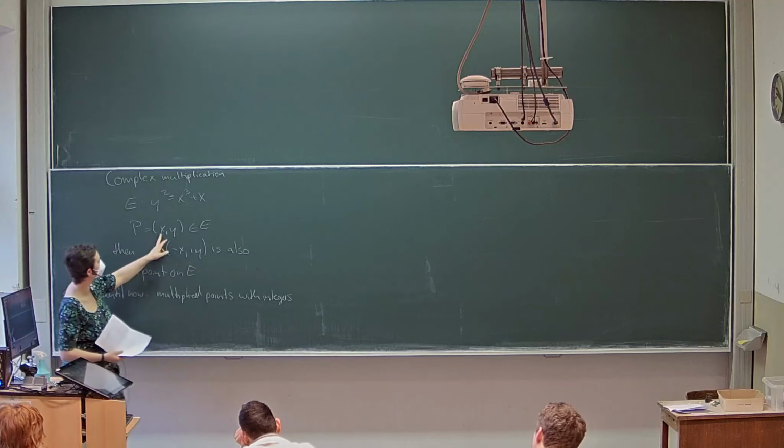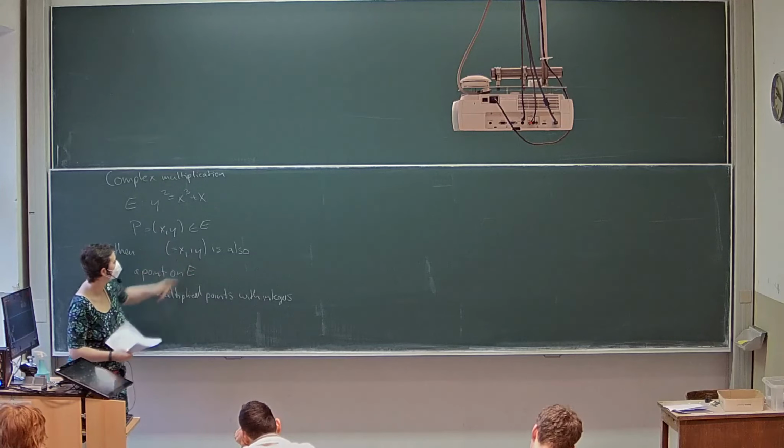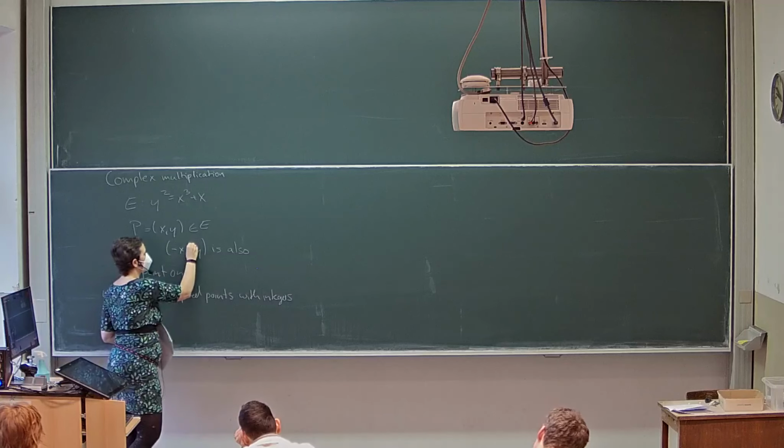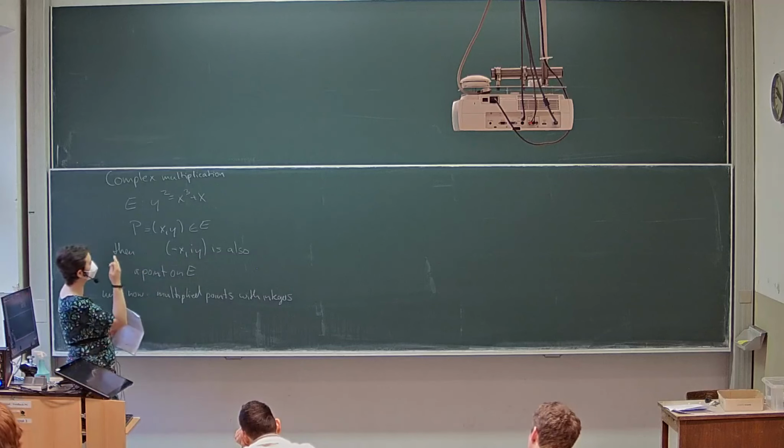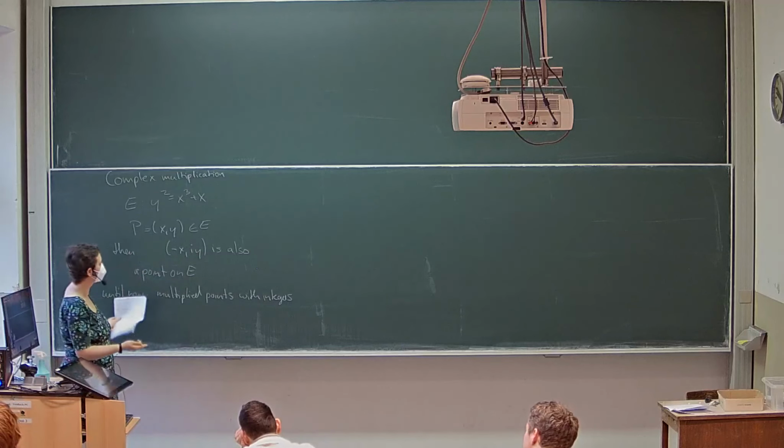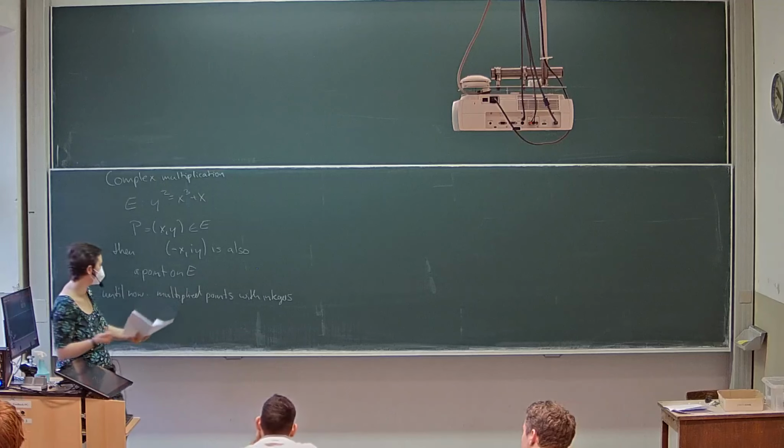But here, if x and y are rational, we have an i here. So we have something completely different. We have a map on points of the curve that does something else than multiplying with integers.